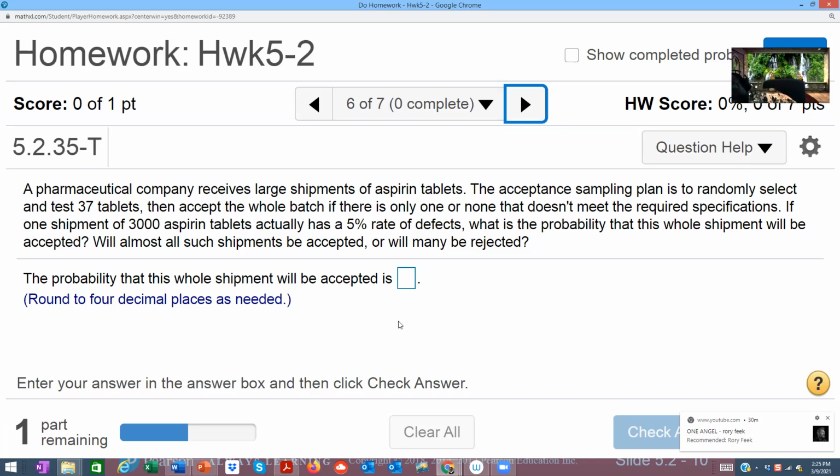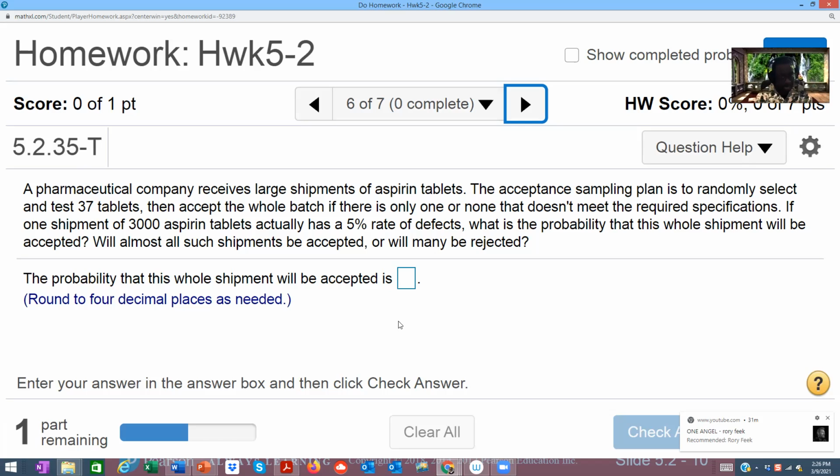Our success is when we accept the batch. So what is happening here is this: a batch of 3,000 aspirin tablets, then we randomly select 37 of them and test them. If out of 37 none is bad, or if we have just one that is bad, we accept the whole batch as being good.